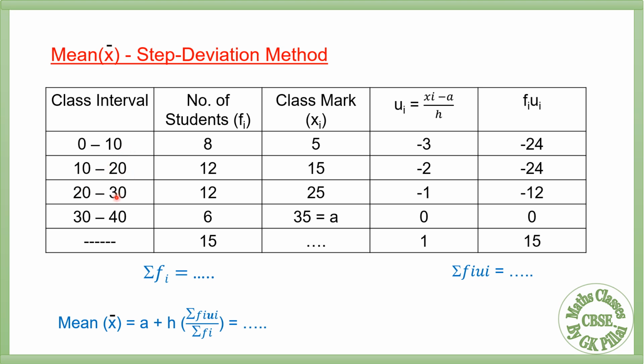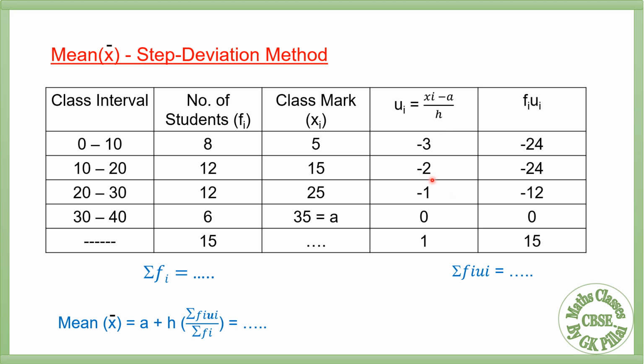Class size will be equal, it will be 10 here. So as I discussed here, 5 minus 35 will be minus 30. Minus 30 divided by 10 will be minus 3. 15 minus 35 will be minus 20. Minus 20 divided by h, that is 10, minus 2.